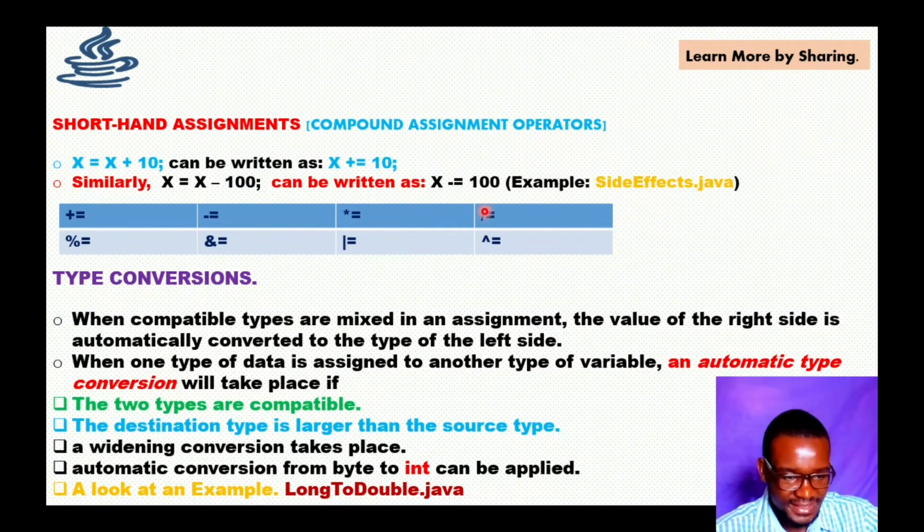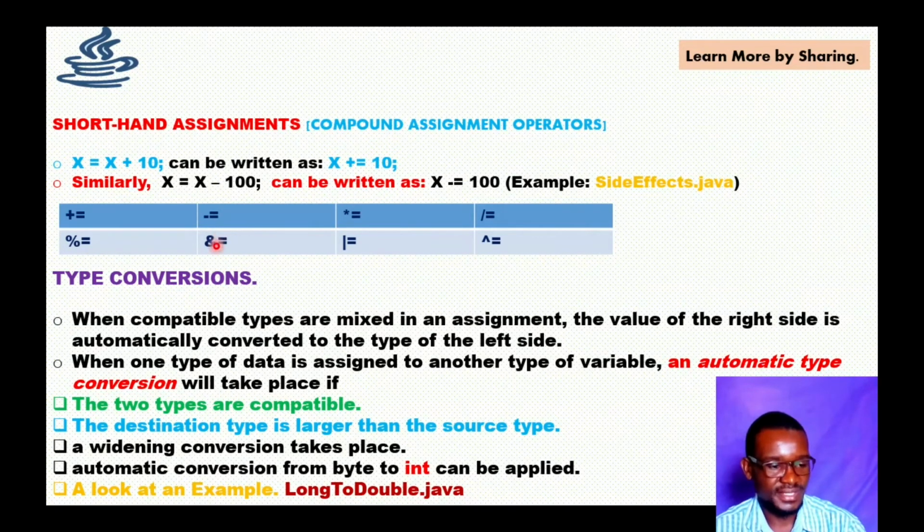We have divide equal to, modulus equal to, and equal to, which is the logical and operator, logical or equal to, and exclusive or equal to. So you can use these operators in this way.